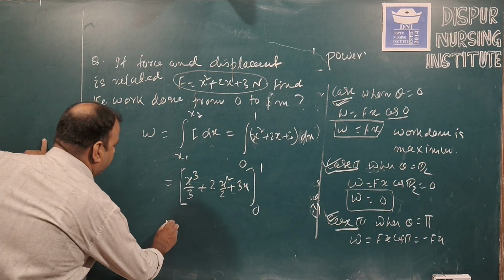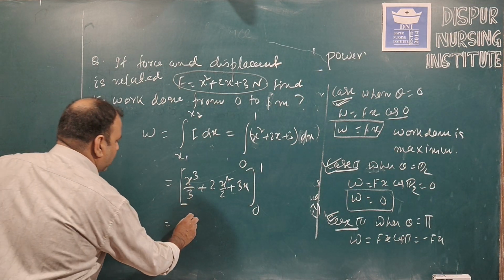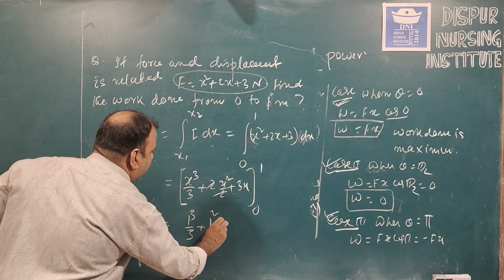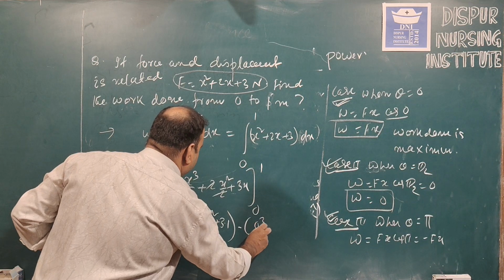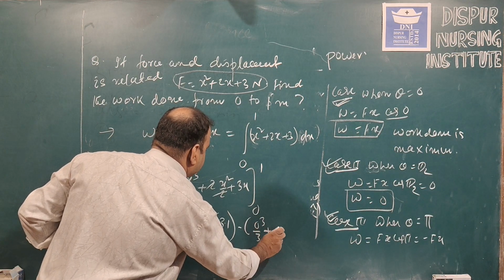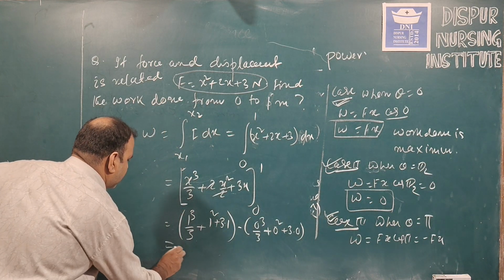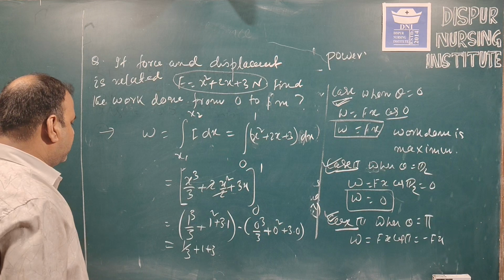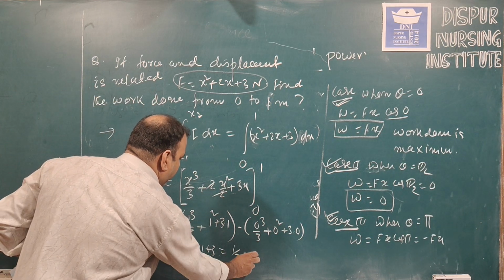So instead of x we can write 1 cube by 3 plus 1 square plus 3 into 1, minus 0 cube by 3 plus 0 square plus 3 into 0. So 1 by 3 plus 1 plus 3, and the other part will be 0. So 3 plus 1 means 4, so we can write 4.